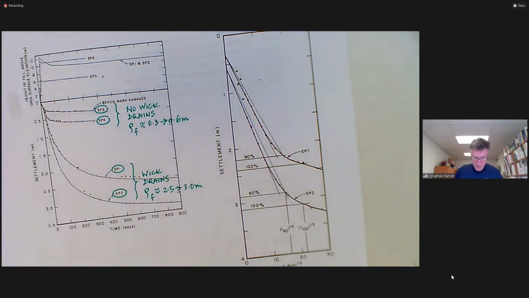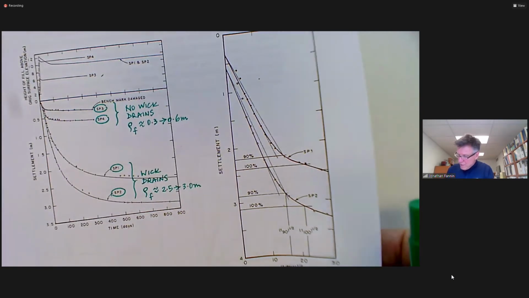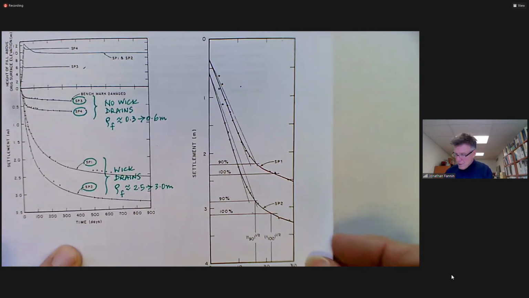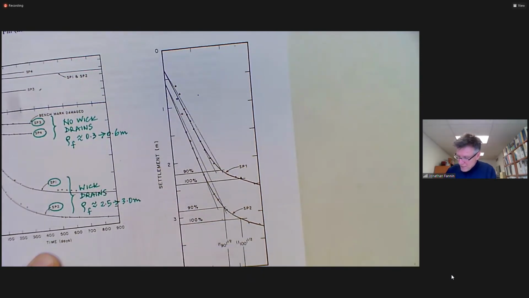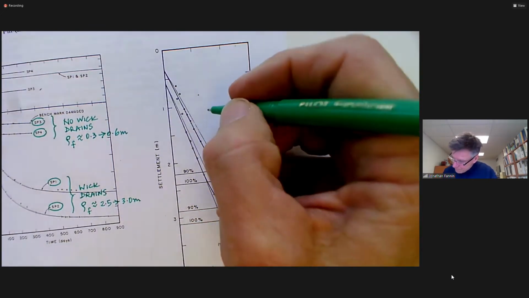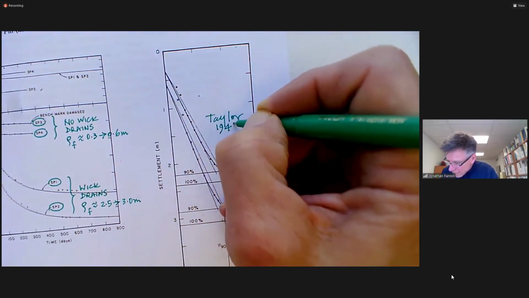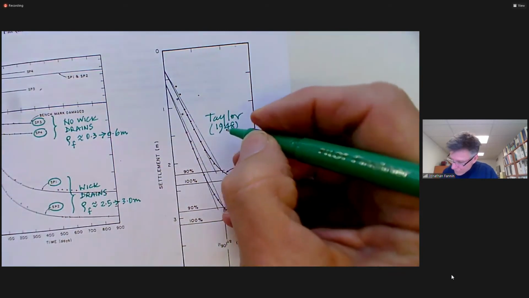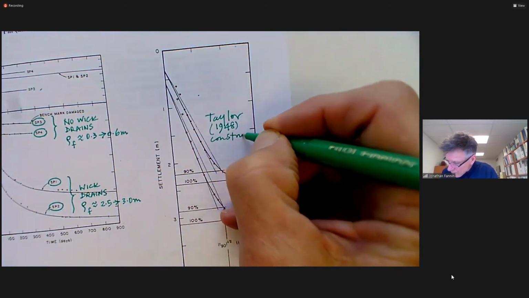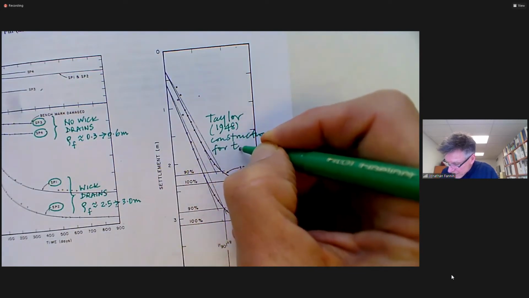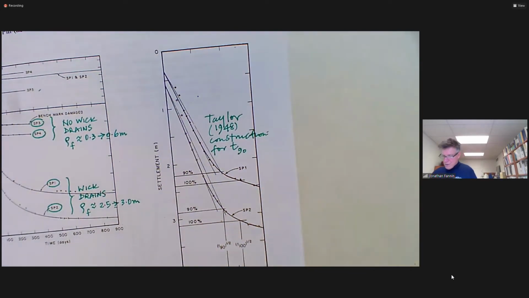Okay. And if we take those data for SP1 and SP2, if we take the settlement time record and we recast it as settlement against square root of time and use a Taylor construction, Taylor 1948 construction for T90, the time for 90% consolidation.